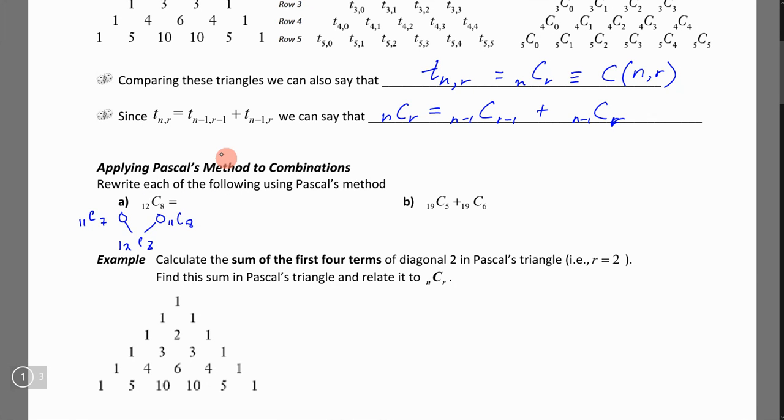So I can now express this combination as 11 choose 7 plus 11 choose 8. Now think of these two as terms right beside each other in position 5 and position 6 on row 19. They are equivalent to the combination of the next row's term, so 20 choose 6.